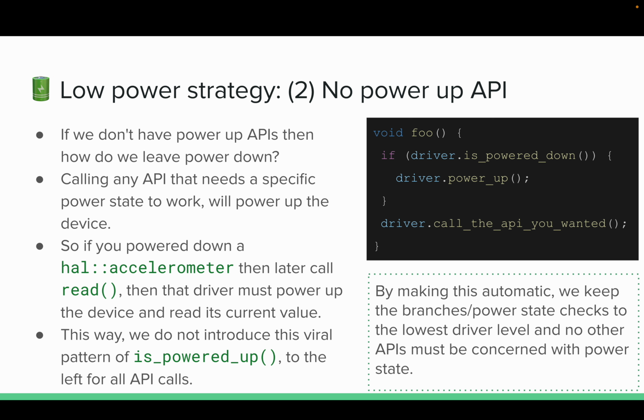And one of the things that I did not want to happen is this pattern here: if driver is powered down, power back up, then call the API that you wanted. Effectively, I could see someone making a macro or a helper function or something that does these checks for you. And that brings us right back to what I really dislike.